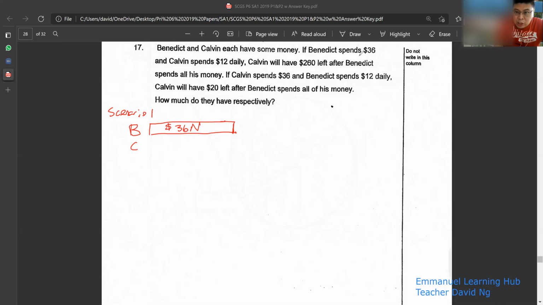So because Benedict spends $36 daily, he took N days to spend all his money, right? So when Benedict spent all his money, Calvin has $260 left.